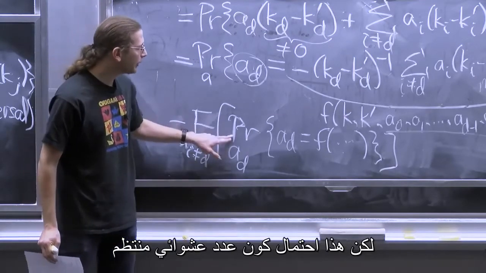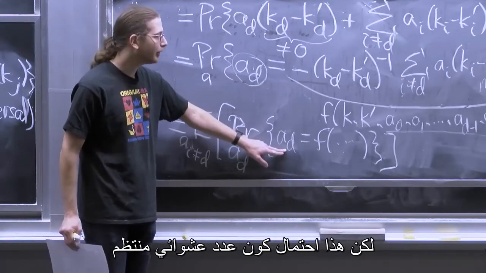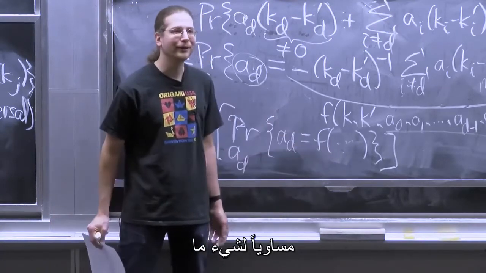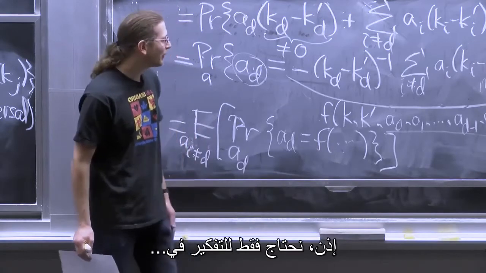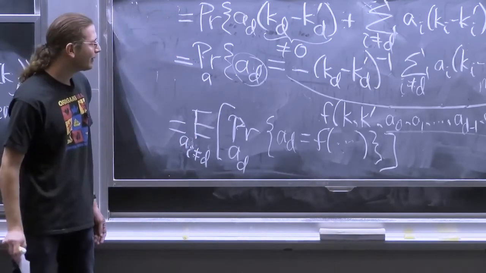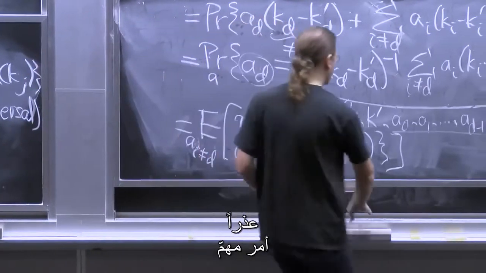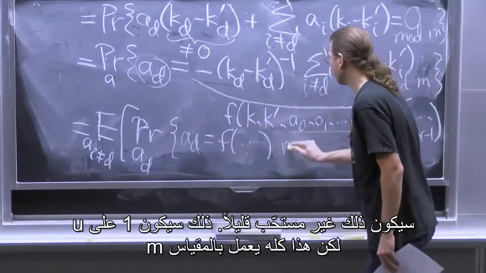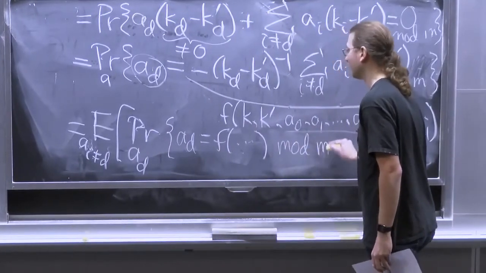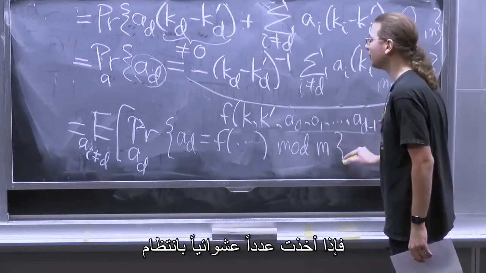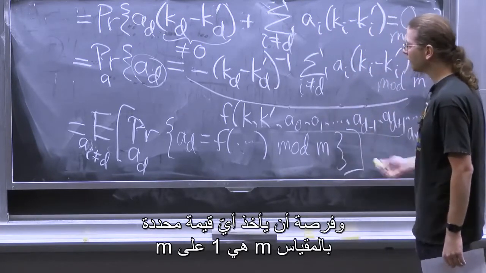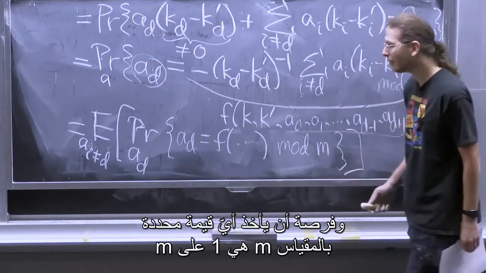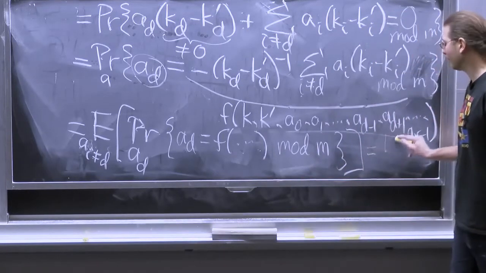But this is the probability of a uniformly random number equaling something. So we just need to think about that. That would be pretty unlikely, that would be 1 over u. But this is all working modulo m. So if I just take a uniformly random integer, the chance of it hitting any particular value mod m is 1 over m.